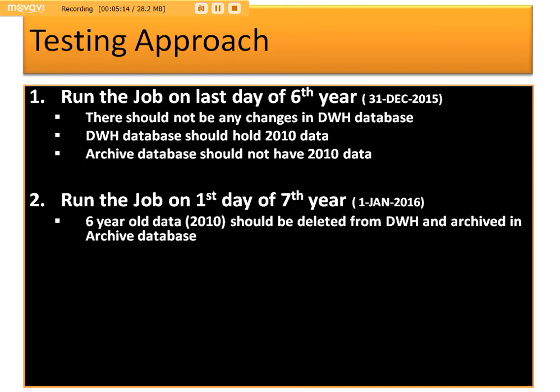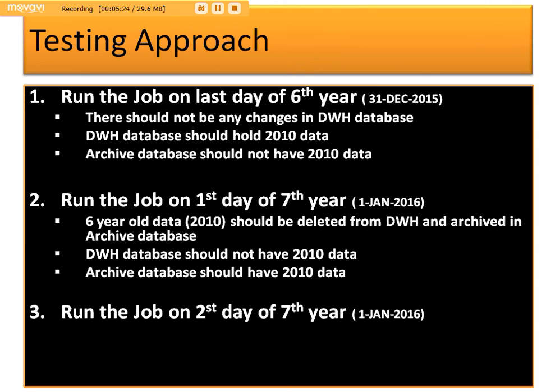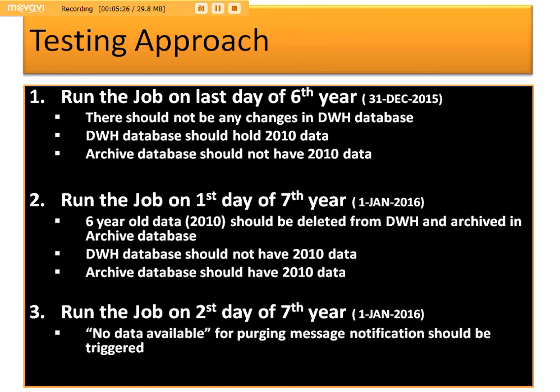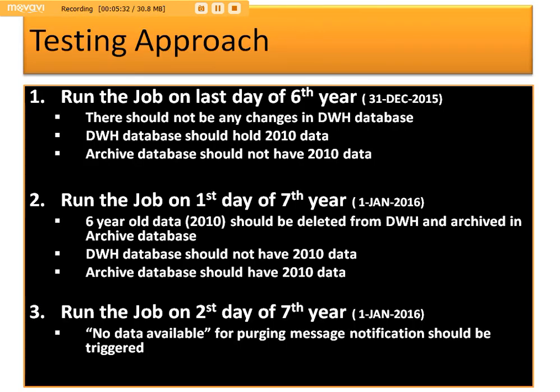Whatever data is older than 6 years will be deleted, or else moved to the archive database. Run the job on the second day of the data. If there are no records available, you will get no data available. Thank you.